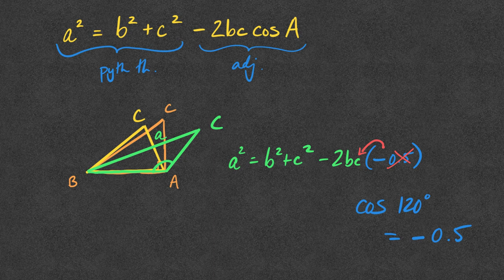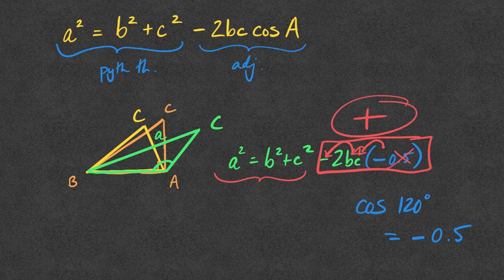Then multiply that by another side length, which is positive. And now you're going to multiply that by negative 2. So you're going to take a negative and multiply it by a negative. This whole boxed in value becomes a positive. So you're going to take Pythagorean theorem and you're going to add on more.